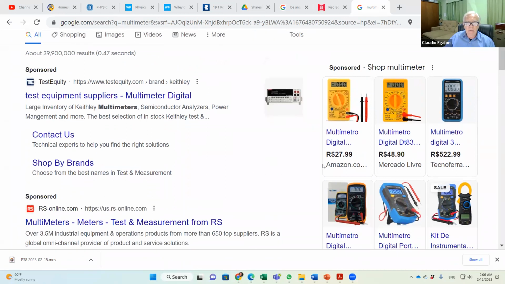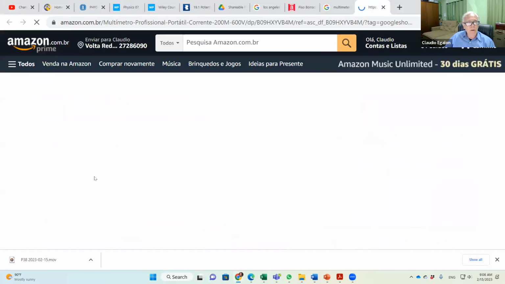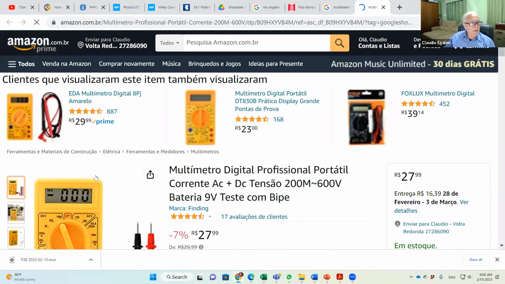This one here is listed in Brazilian reais, and $1 is like 5 reais. So this one costs $5 only. I'm surprised. I have never seen a multimeter that costs so little. A $5 multimeter, this one here.